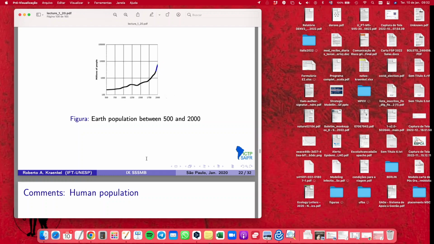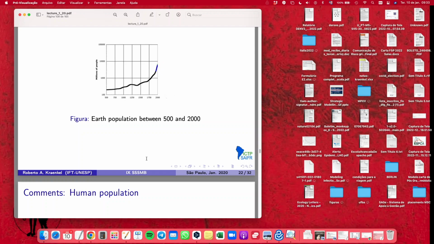People from demography love to estimate populations in the past by many methods. This is the estimated population on Earth between 500 and 2000. I don't have a pointer actually. You can see that there's pretty much an increase, but there are some ripples.